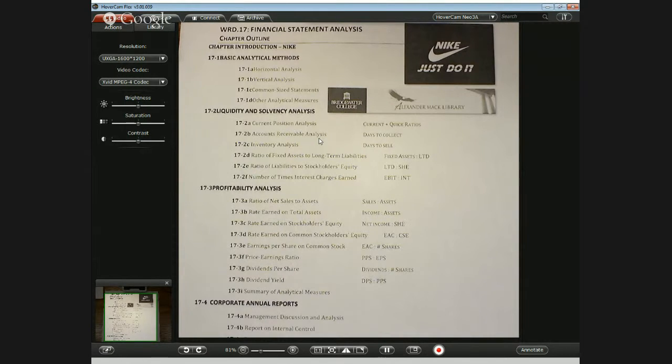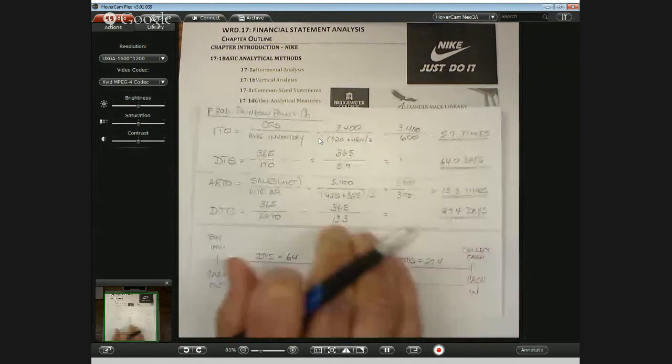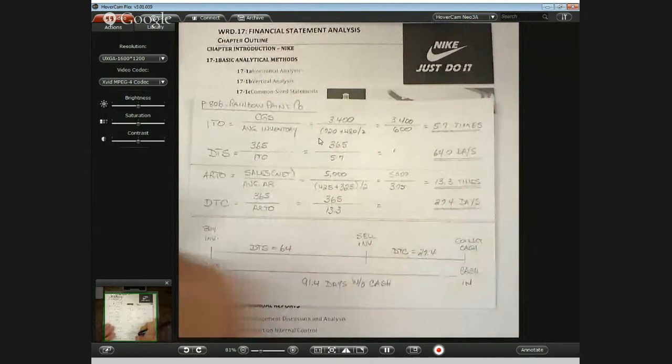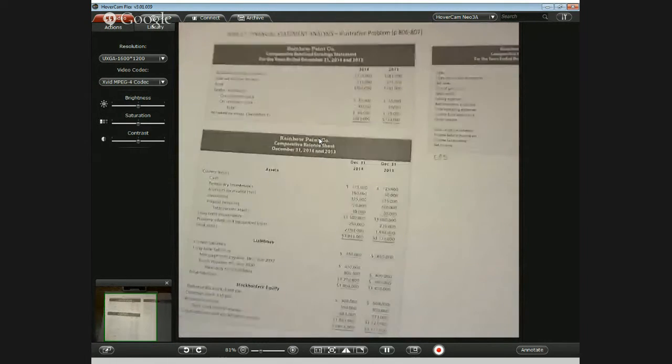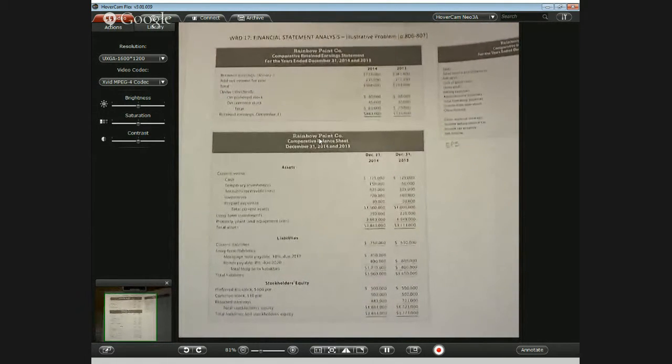So what I'm going to do here is just to take some information from page 806. And if you'd want to stop this video and turn to page 806, which shows you the illustrative problem about the Rainbow Company, that might help you see some of this information. In the meantime, what we are doing, this is page 806.